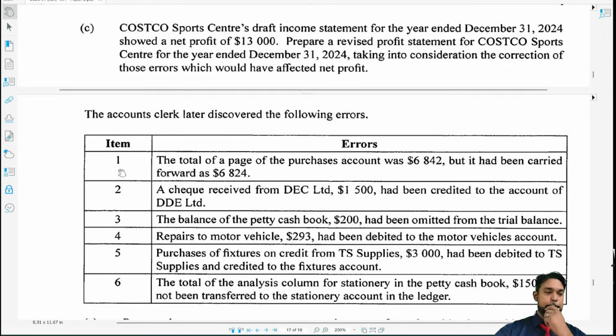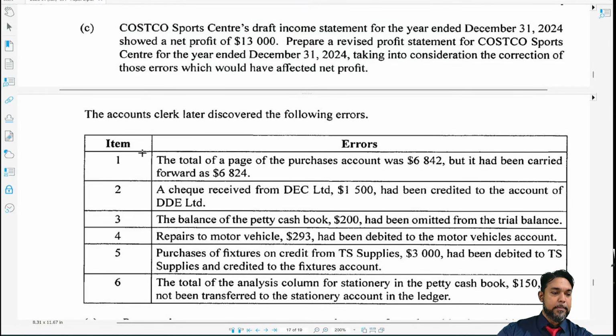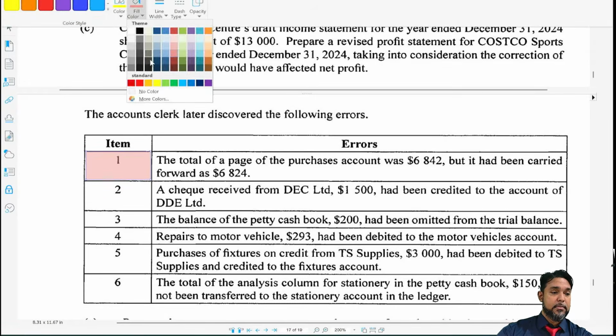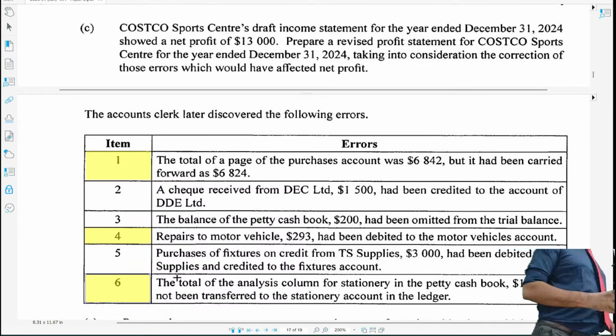All right. So anything with a revenue or expense would definitely need to be adjusted for. So item 1, because it affected purchases. Item 4, it affected repairs. And item 6.